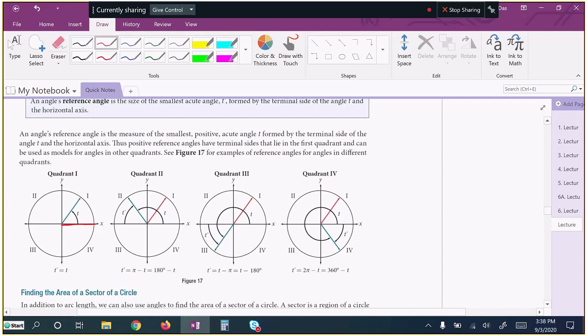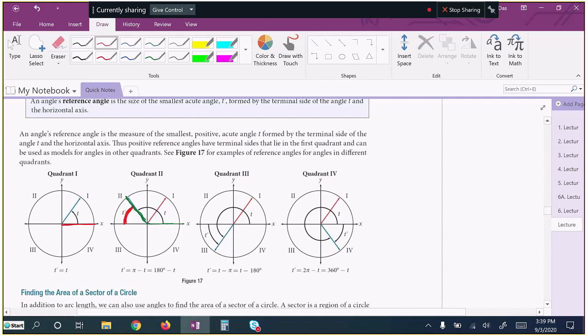Whereas if the terminal side is in the second quadrant and I wanted to know what will be the reference angle, your original angle is the angle with the initial side being coincident on the x-axis and the terminal side in the second quadrant. To find the reference angle, we find the angle between the terminal side and the nearest direction of the x-axis. That's the reference angle.